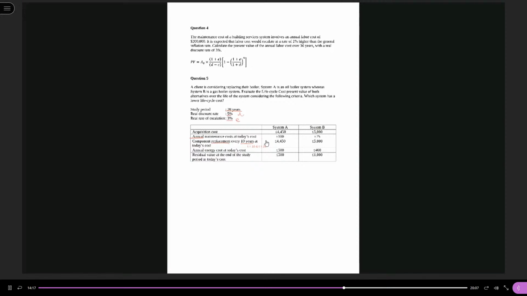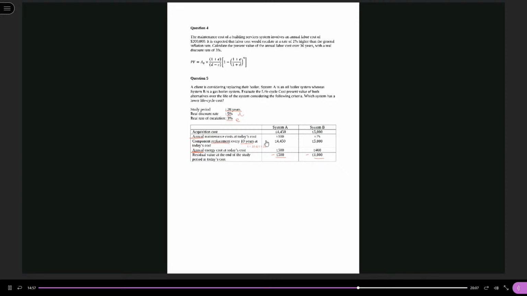This component replacement cost will happen at the end of the 10th year and the end of the 20th year. The annual energy cost, once again a recurring cost, £500 and £460. Residue value, £500, £1,000. These are residue values, so they will be negative. We can earn money from selling the system at the end of its life.